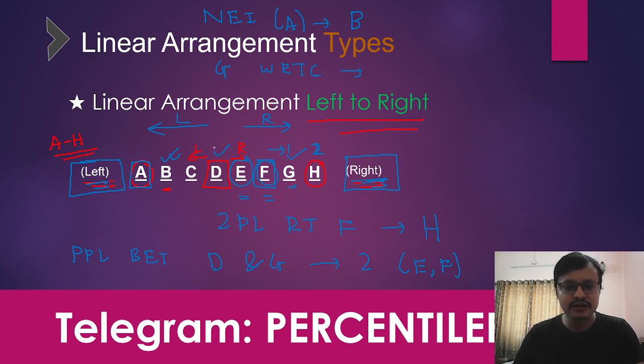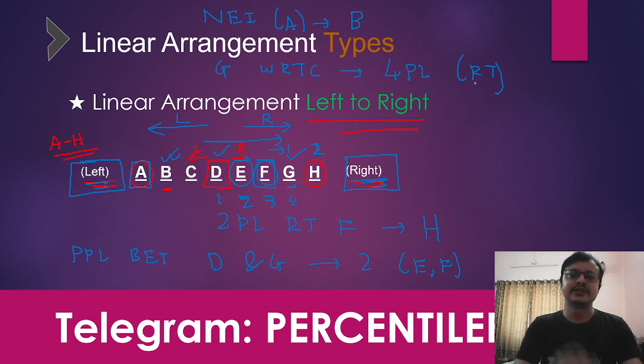G is here, so G is to the right of C. How many places to the right? 1, 2, 3, 4. So G is 4 places to the right. That is how you get the position of person G with respect to C. Is that clear, everybody?